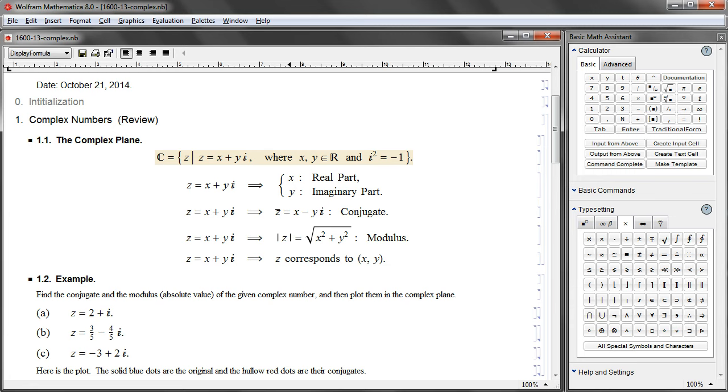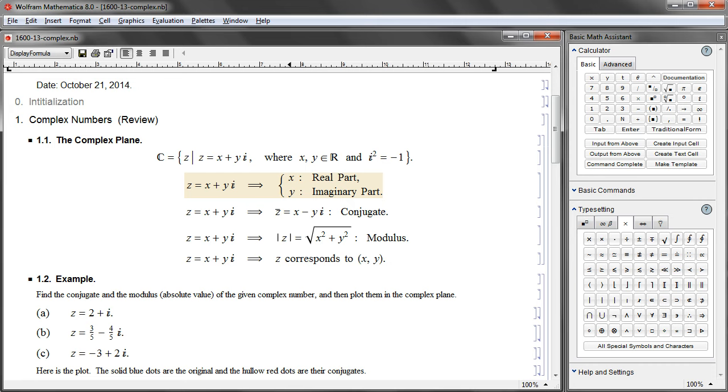And whenever i squared shows up, replace it with -1. That's how we do complex number computation. We have done this many times already in college algebra or before that, so I don't think it is necessary to talk about any more specifics there.